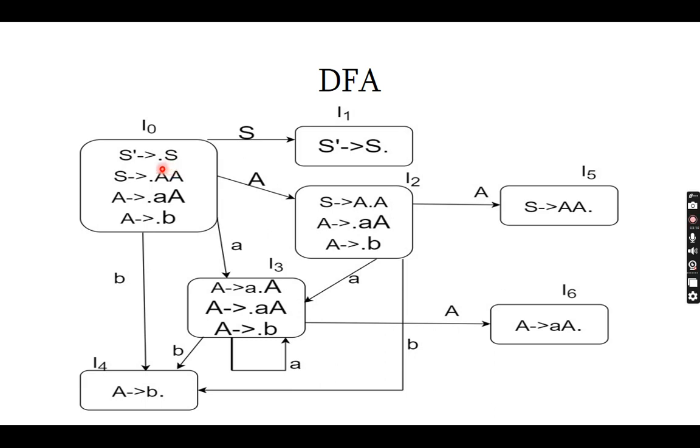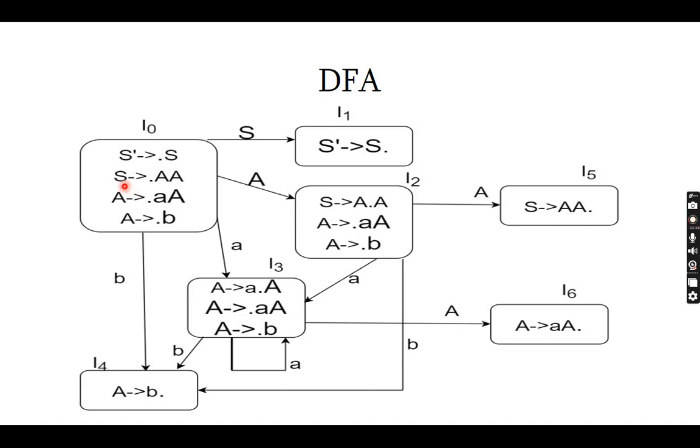Next to the dot there is a variable, S. So because of this S next to the dot, you have to write the productions of S with a dot at the beginning of the RHS.